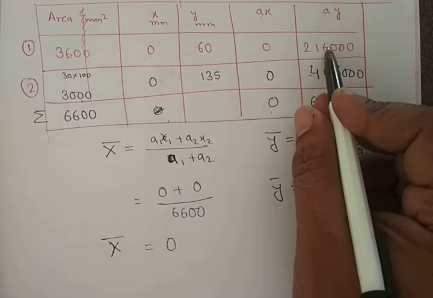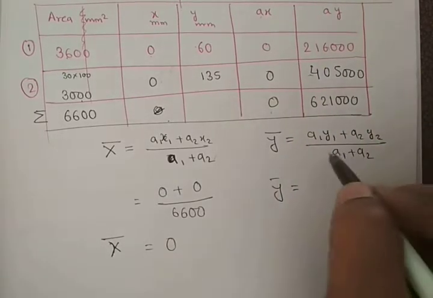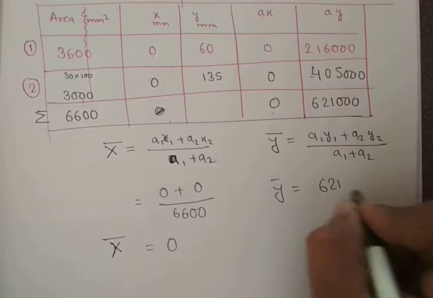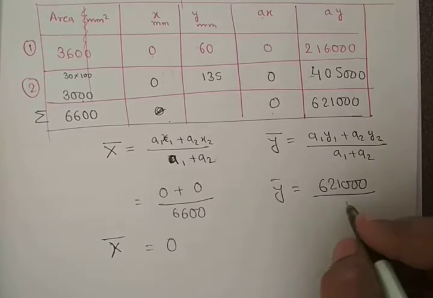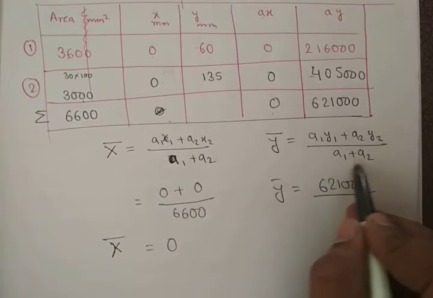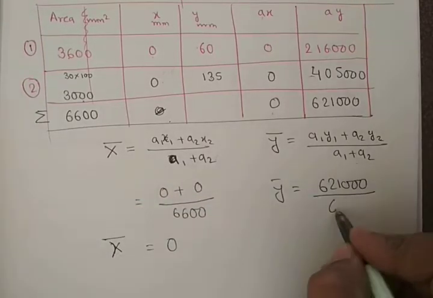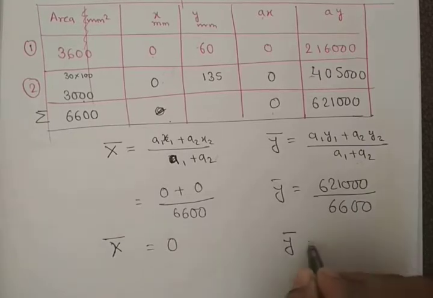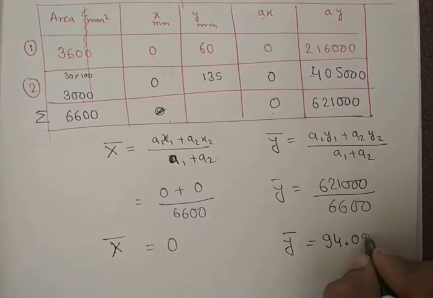This is a1 y1, this is a2 y2, and the summation of both is 621,000, divided by the summation a1 plus a2, which is 6600. So y bar is equal to 94.09 mm.